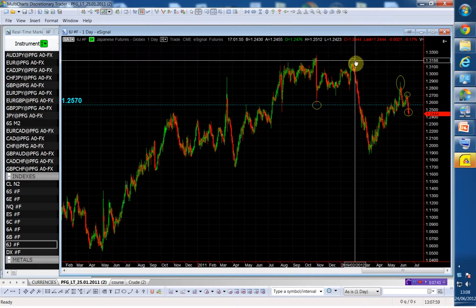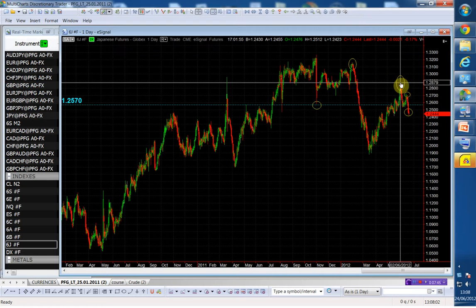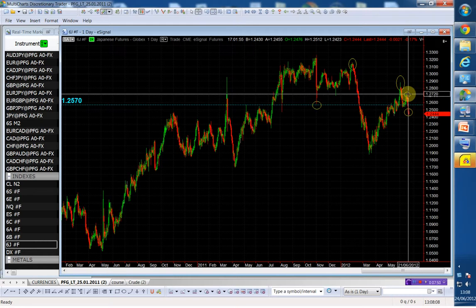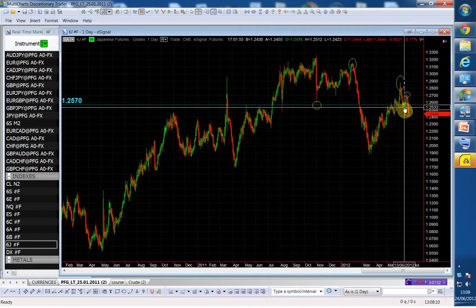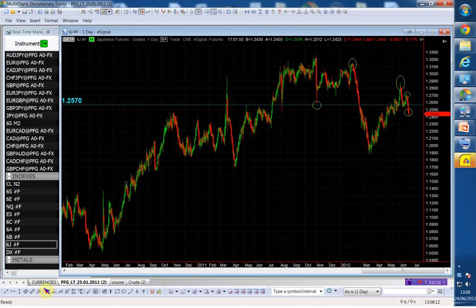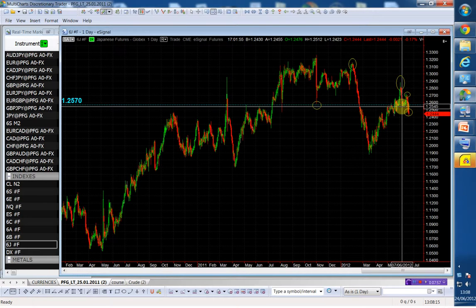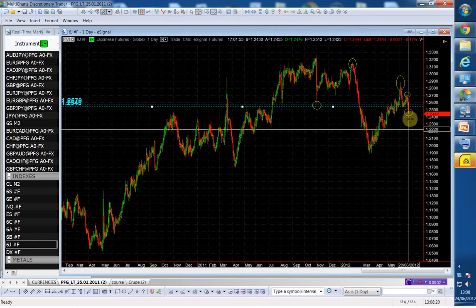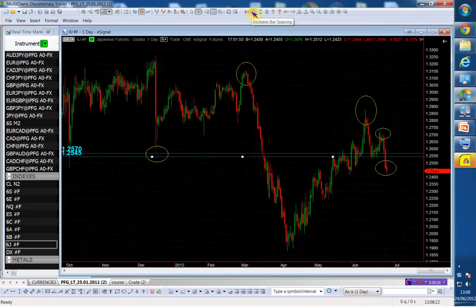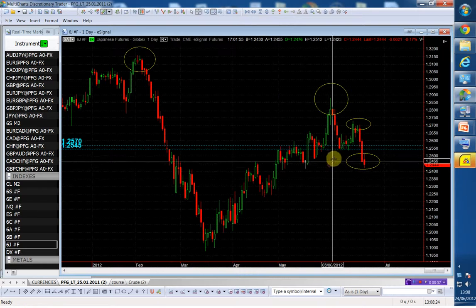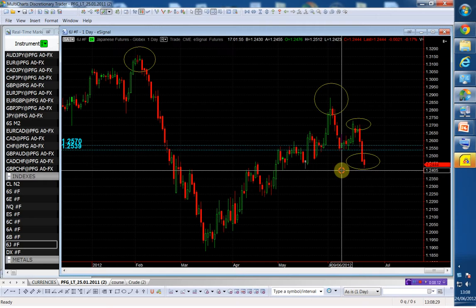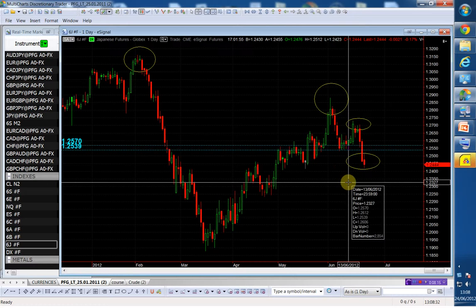So that was one failure, that was the second failure, but the big structure is over here, and this is the third failure, and we broke below it. My structural point on that last failure, let's see what it is, exactly on the lowest point would be around 125.39.